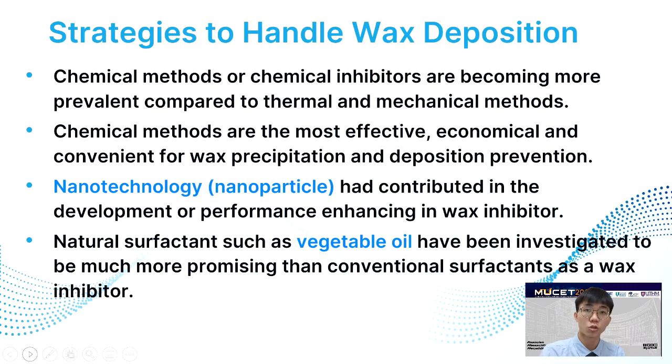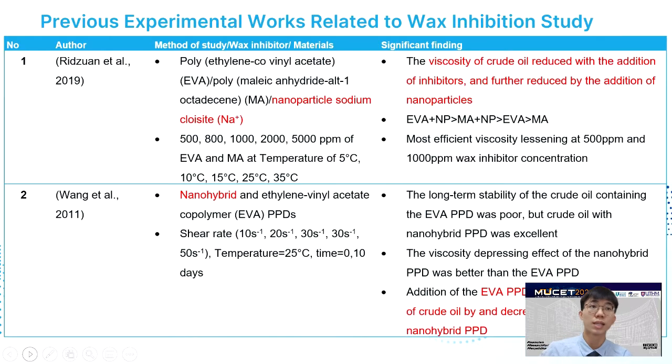Also, nanotechnology or nanoparticles have contributed to enhancing the performance of wax inhibitors. Natural surfactants such as vegetable oil have been investigated to be much more promising than the conventional surfactants in wax inhibition.